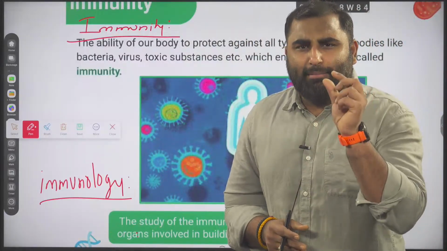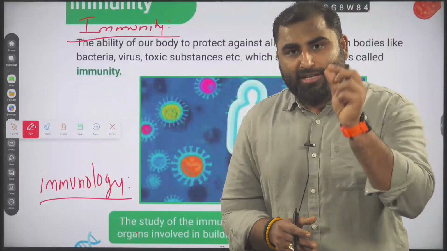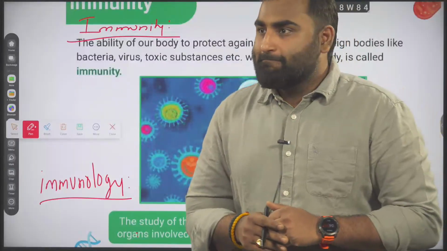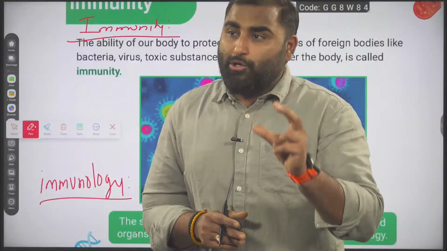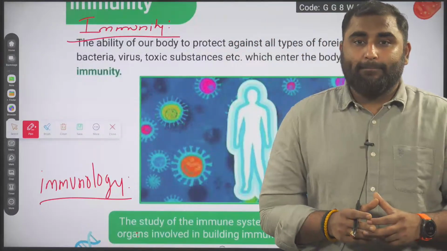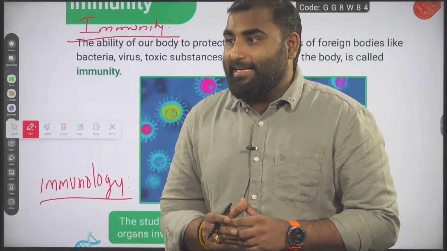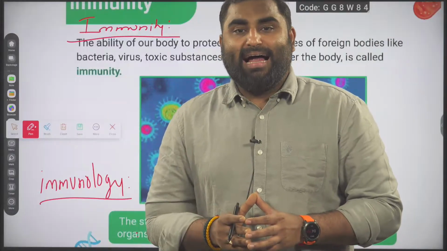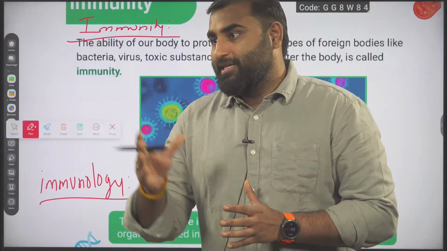Do you know any chemical molecule using which we kill the foreign bodies? Which chemical molecules do we secrete against the foreign bodies? Come on. Starts from anti. Yes, very good, Neha. Antibody. Absolutely right.